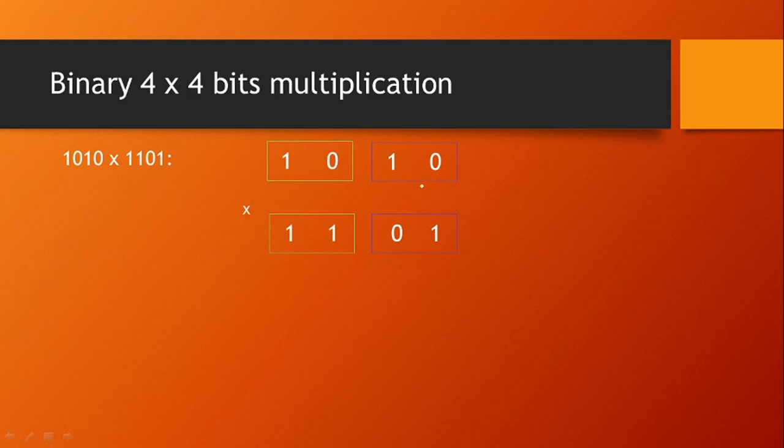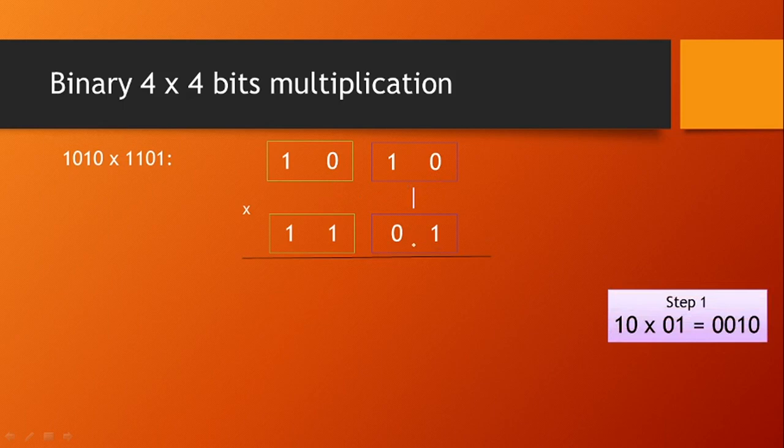First we multiply the right side bit pair, then cross and add, and then the left side. So step 1 is 10 into 01. As 10 into 01 is a 2 bit by 2 bit multiplication, whenever we go for a 4 by 4 bit multiplier, we have to use 2 bit multipliers. So 10 into 01 we get here 0010.